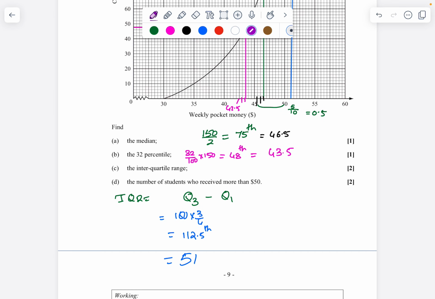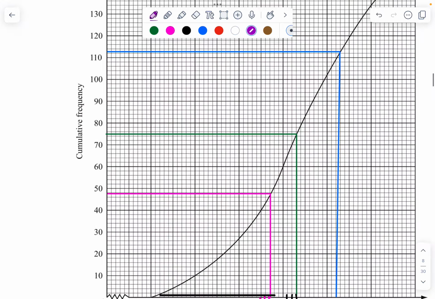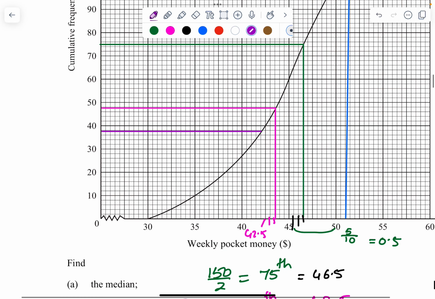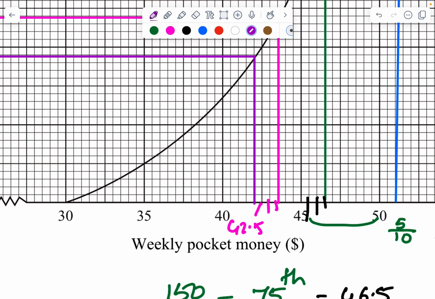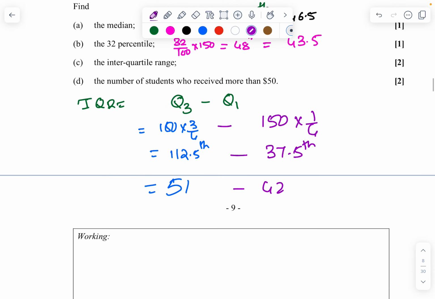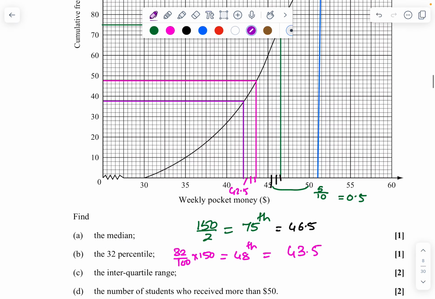Then minus Q1, 150 times 1 upon 4, which is 37.5, or the 38th observation. So from 38, draw the line, hit the graph, and then drop it down. So it's going to be 41, 42. It's going to be 42. So the interquartile range is going to be 9.